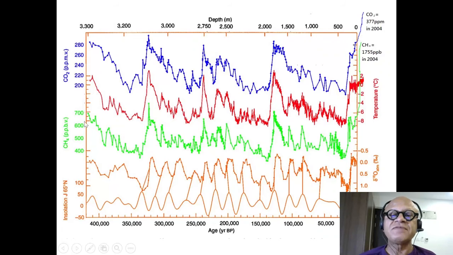So the asymmetry here comes basically because as you begin to cool, let's say radiation decreased at 65 north because of a change in the obliquity or precession or ellipticity, which we'll see a little bit later on, then as the albedo increases through growing glaciers, more solar energy is reflected back to space, so it gets further colder.